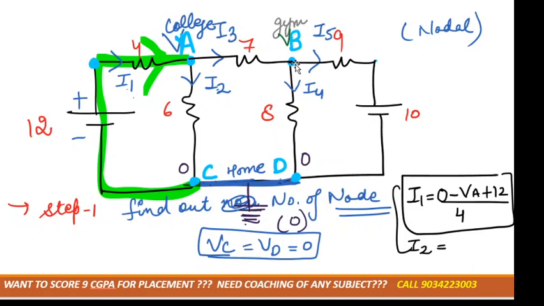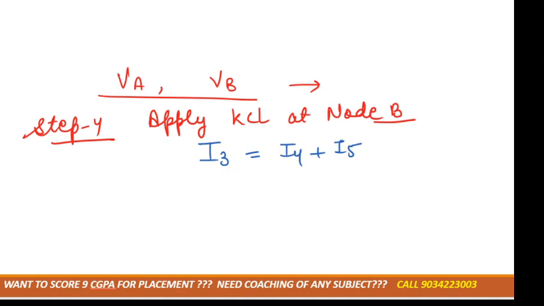Okay, now tell me the value of I4. See, in this we have applied Kirchhoff's current law, that is, the sum of incoming current is equal to the sum of outgoing current.